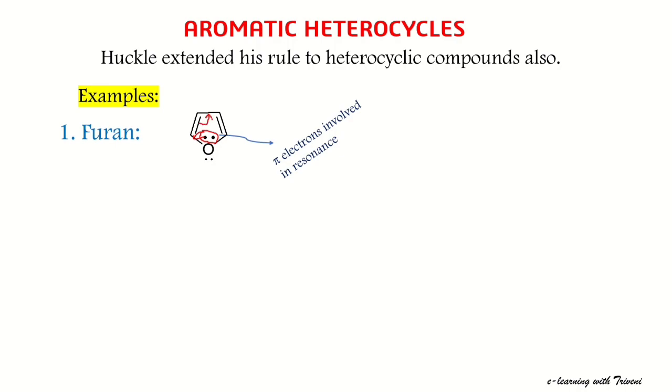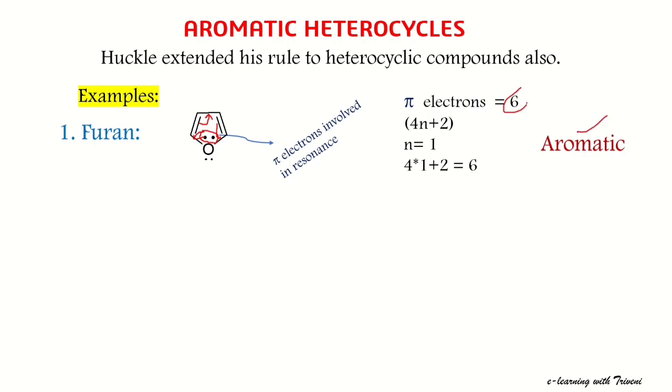Because of this, we can count the pi electrons as 6 instead of 4. When you apply the 4n plus 2 rule, we get the same value as the number of pi electrons, so it is aromatic.